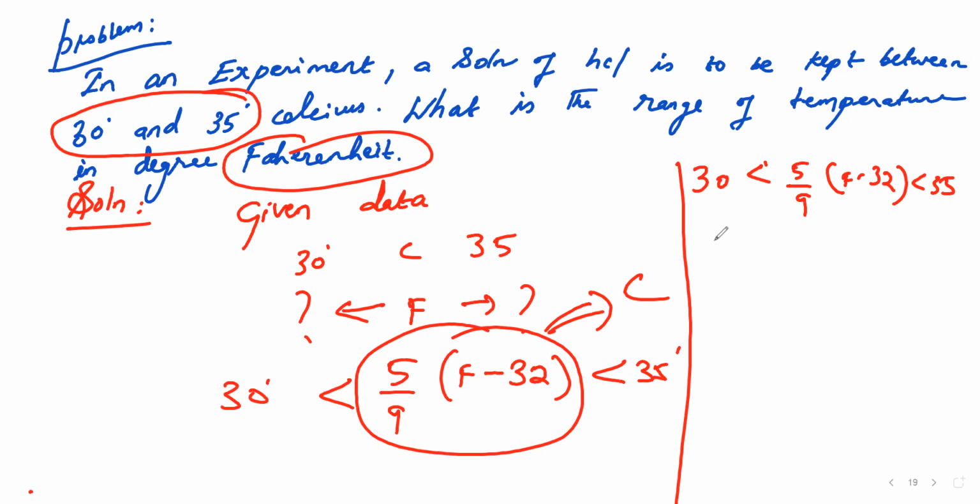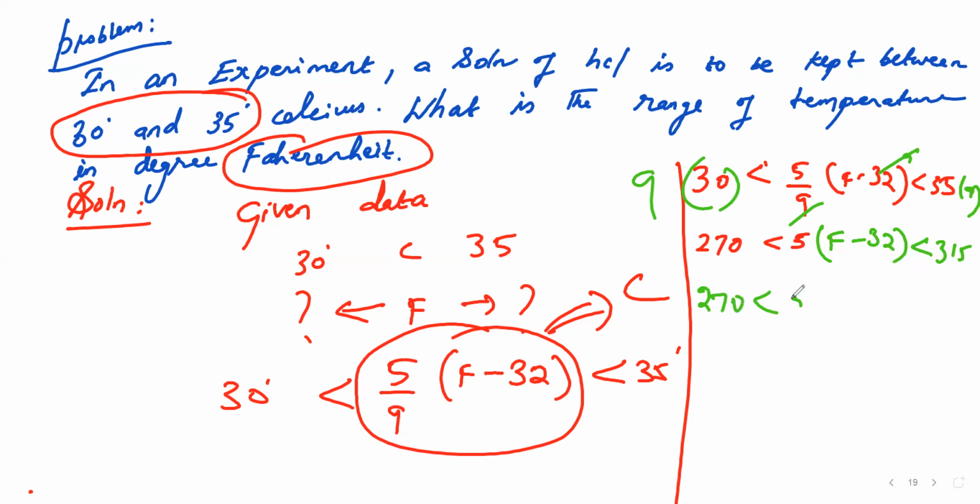Multiply by 9: 270 less than 5 times (F minus 32) less than 35 into 9. The 9 cancels. 35 into 9 is 315.